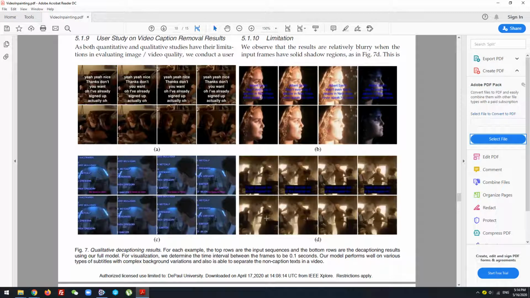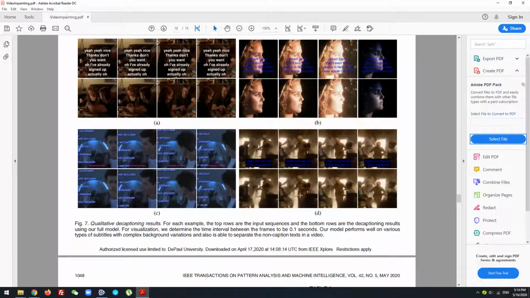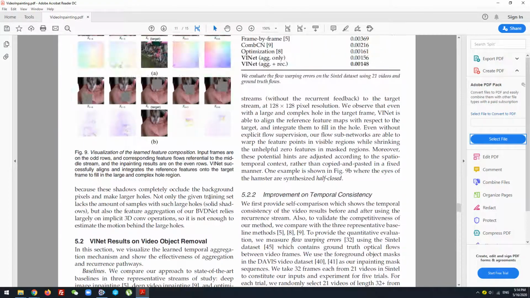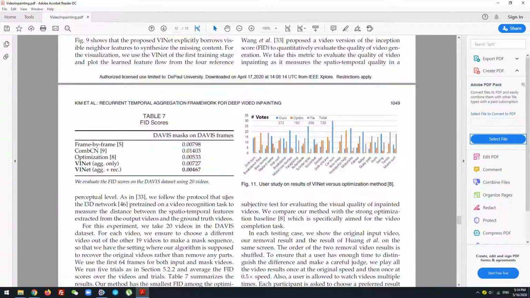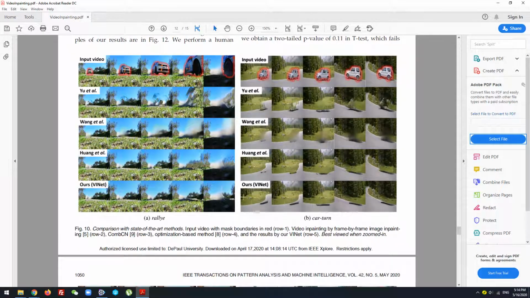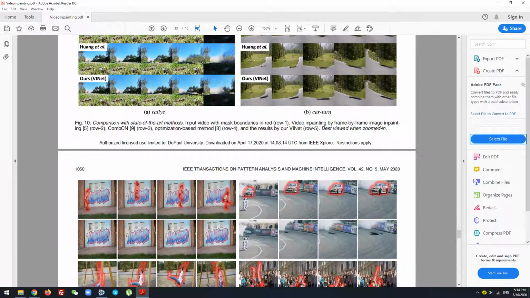Here we can see that the output is not as good as the other outputs, but it's still good enough. I will skip all the object removal parts in this paper, because when we look at the pictures, it's very clear that this algorithm is much better than all the other algorithms.